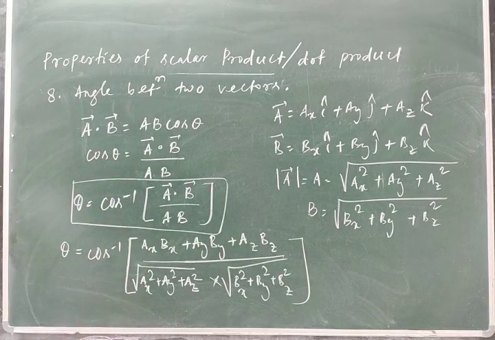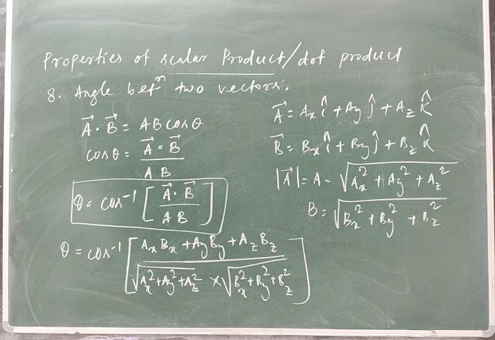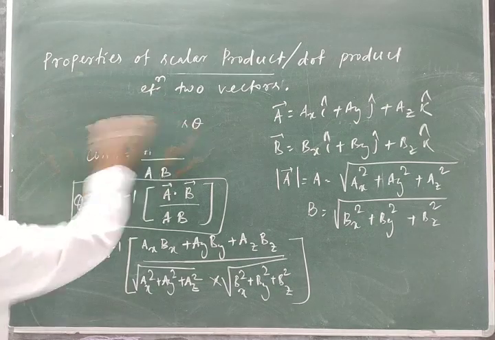So cos inverse of this thing in rectangular component form. Is that clear? Clear? Now we go for the next one, the ninth one.